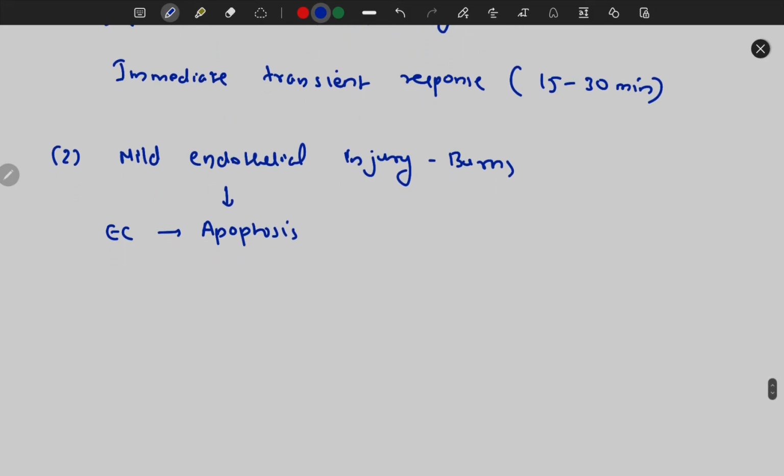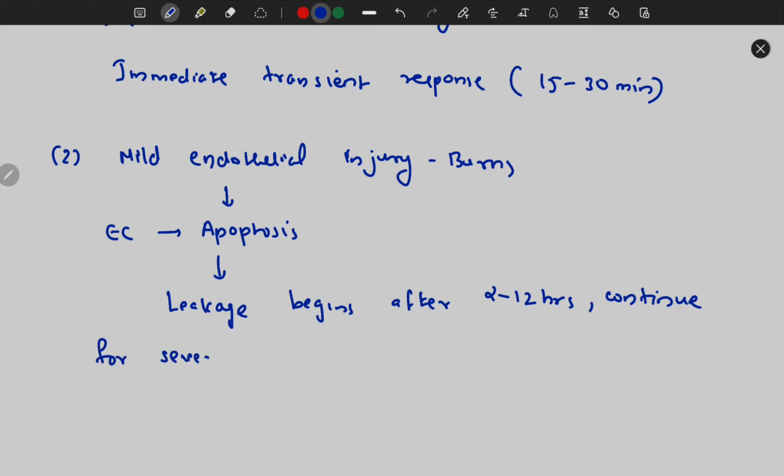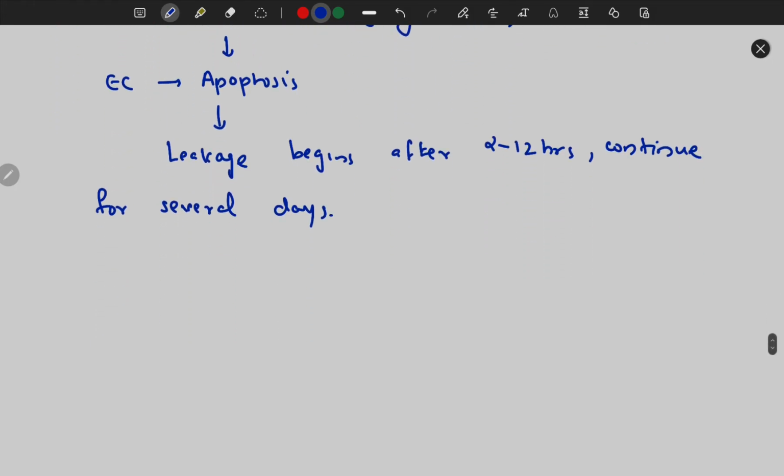In this case, the leakage begins after 2 to 12 hours, and this will continue for several days. So in case of burns, in mild endothelial injury, what you can see is a delayed, prolonged leakage.